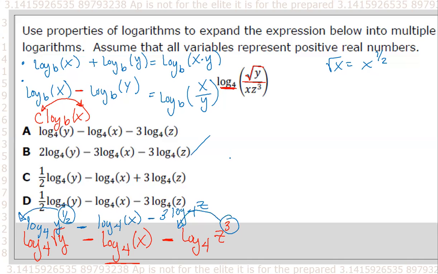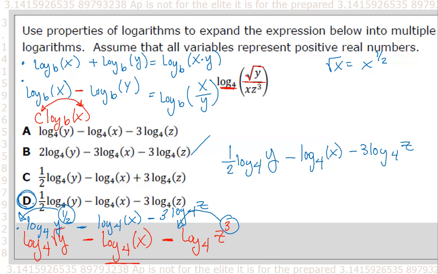Our final answer should be 1/2, because the 1/2 went to the front: 1/2 log base 4 of y minus log base 4 of x minus 3 log base 4 of z. That will be our solution, which appears to be either C or D, which is D.